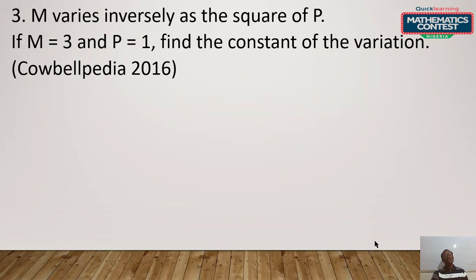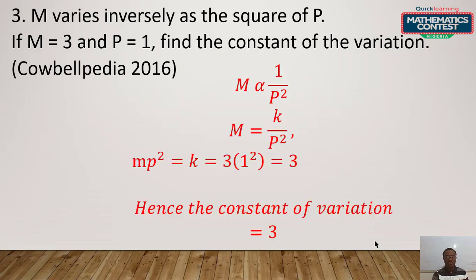Now that is for number 2. For number 3, m varies inversely as the square of p. If m is 3 and p is 1, find the constant of variation. This is how we're going to write it. Whenever you hear the word inversely, just put 1 over the next statement that was made. So m varies inversely, 1 over.